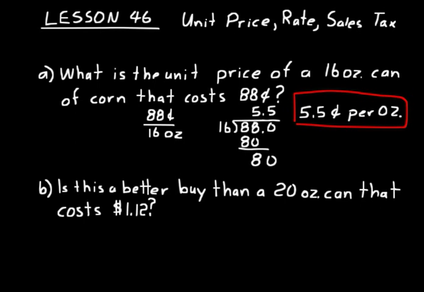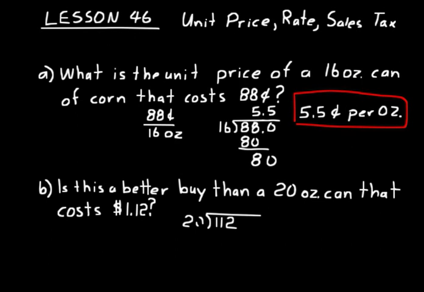Well, what we need to do again is find a cost per ounce. We have 5.5 cents per ounce, but we have dollars here, $1.12 per 20 ounces. Just change that to cents, and we'd have 20 as our divisor and 112 cents.